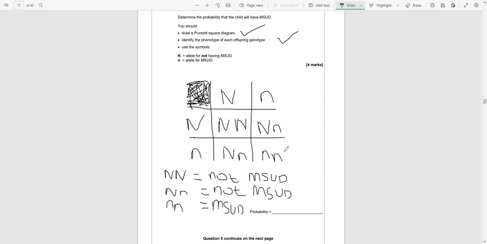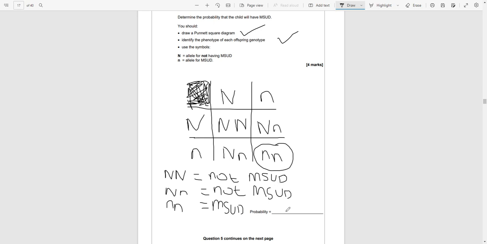It's only if they inherit two little n's from their parents. Now, to secure the mark, what I suggest you do is you circle the genotype that is in question on your diagram. Then we answer the question.